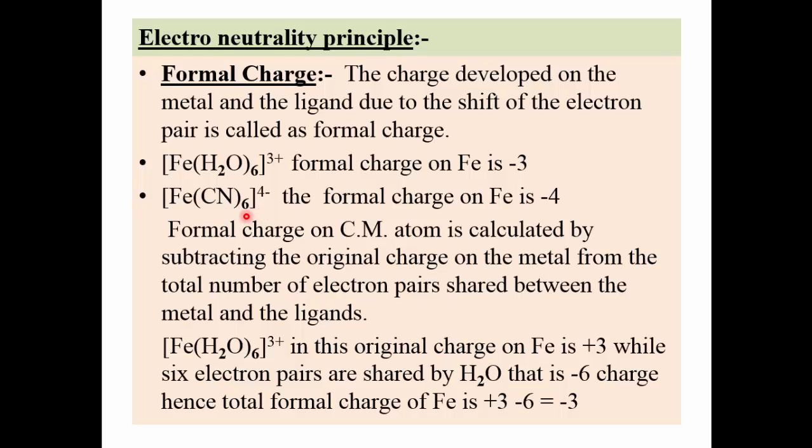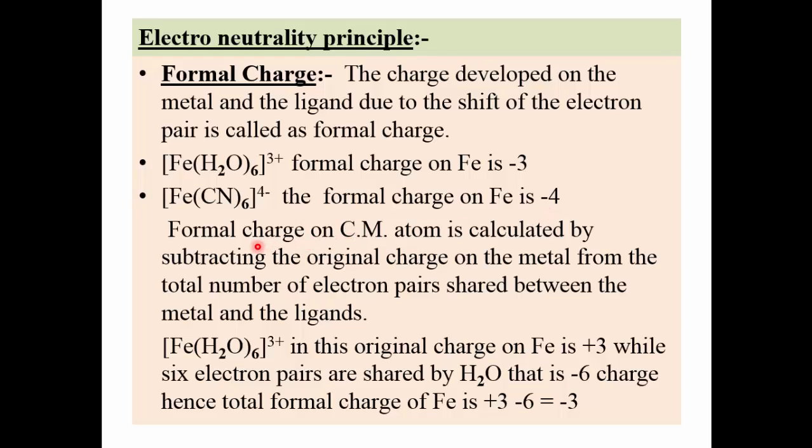But when 6 cyanide ions donate electron pairs to iron, at that time on Fe there is formation of -6 charge. So from this -6, the +2 charge on Fe is added, and there is formation of formal charge, that is -4.